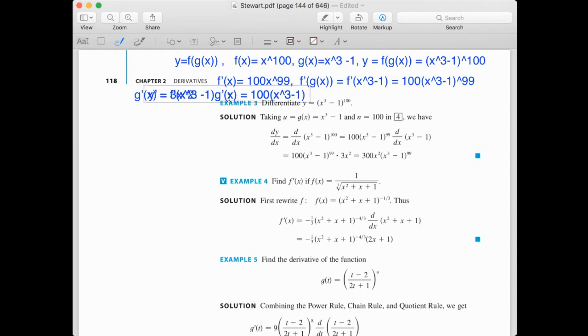G prime is 3x squared. Let's put it up front. Because 3 times 100 is 300. Then x squared. Right, let's write it like this.